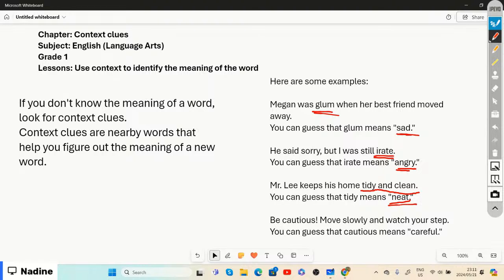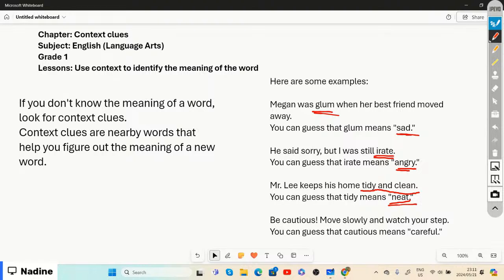Exactly. So with a context clue, the sentence doesn't give us the direct answer. You'll get a word and you don't even really know the meaning of that word, like glum or irate. It's usually words that we've never seen before, unless you've heard them already. But within your sentence, parts of that sentence will tell you why glum is being used.